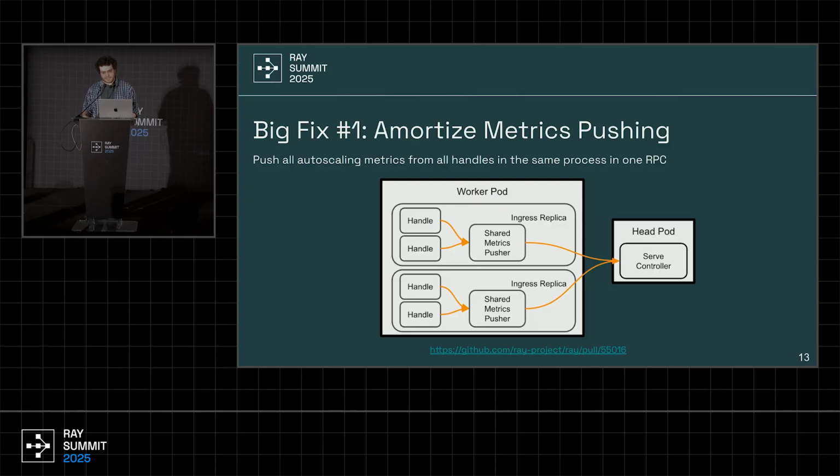It depends a lot on how you're using handles, right? It turns out that in our system, the problem was mostly the handles, not the replicas. So if you had lots of deployments, but you were just routing to them with route prefixes and you didn't have extra handles being created, you might be okay. That's the kind of thing I would say, do at your own risk.